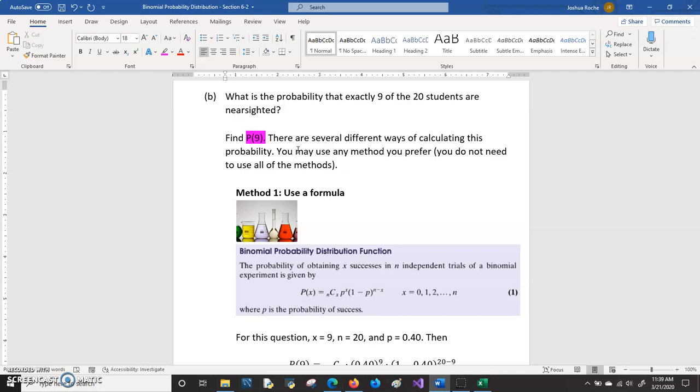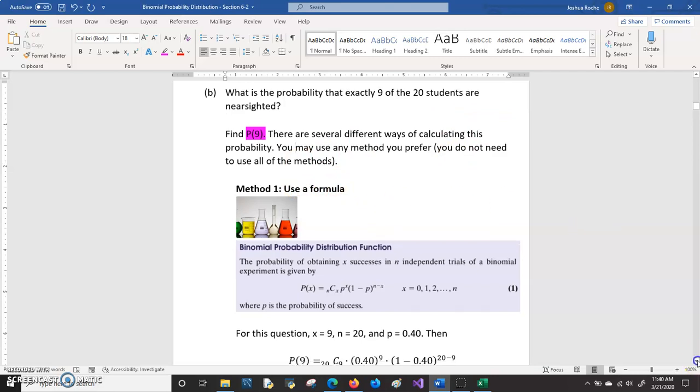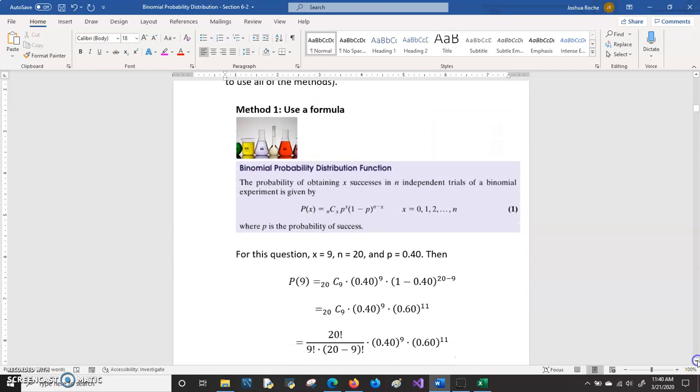And when you do this on the homework or on the test, it doesn't really matter which way you prefer. You won't have to do all 3. You can choose the way that you prefer and just use that way. But for the sake of being complete, I'm going to show all the different ways so that you can choose.